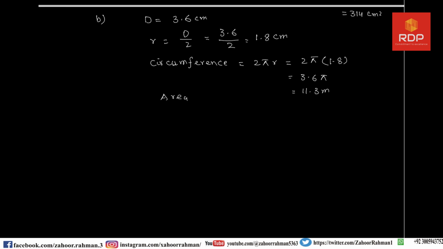Okay, here we have to find the area. So area in this case will be pi r square. Pi value is constant, and r we found to be 1.8 square.